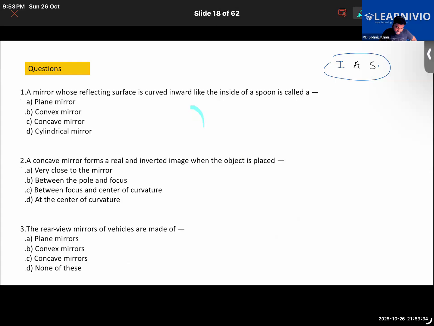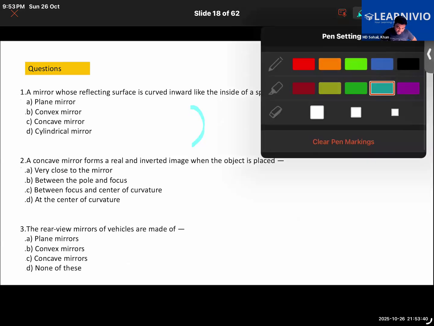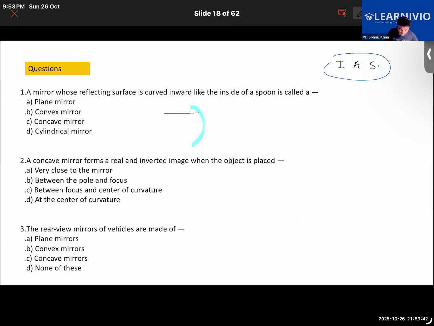Concave mirror is drawn like this. The reflection is going to take place from this surface, as the rays of light fall on it. Sir, which question did you ask me? Second or first? Obviously, everyone was answering this first question, so you were also supposed to answer this one. Sir, I thought you were asking the second one. Sorry. It's okay, continue.